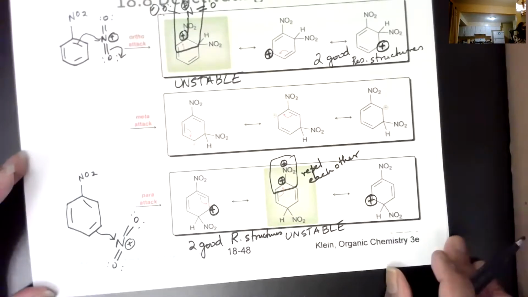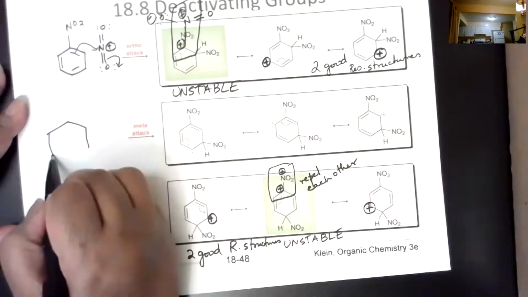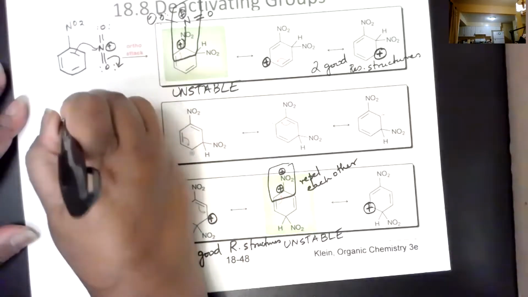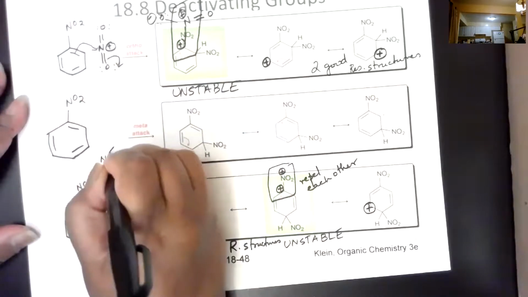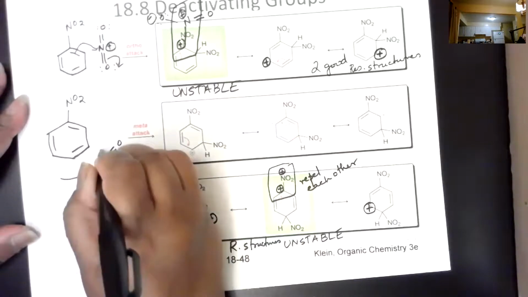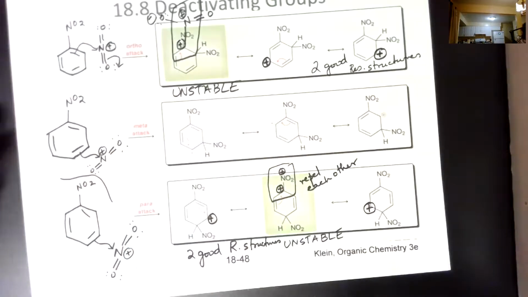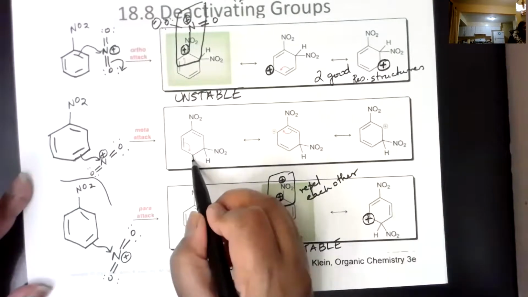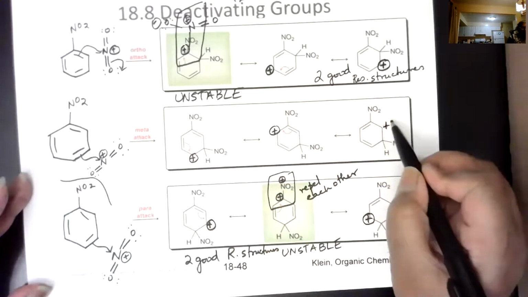Now what happens at the meta position? Now you have a positive charge here, here, and there.